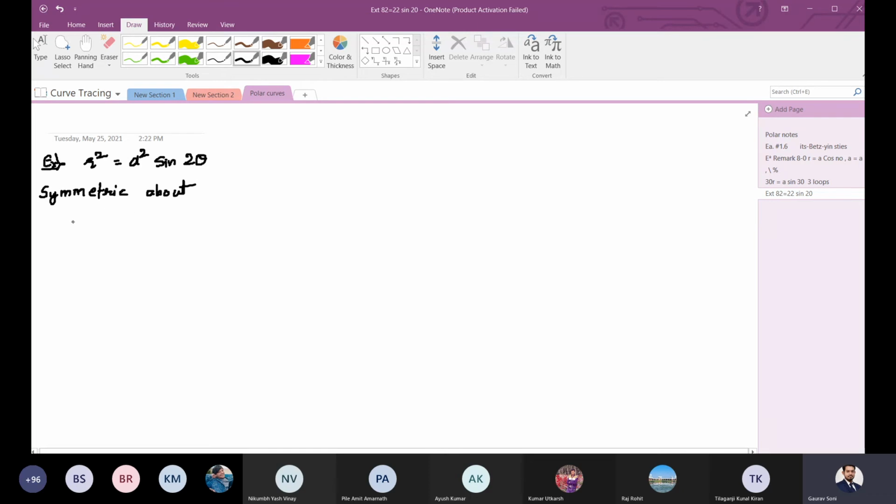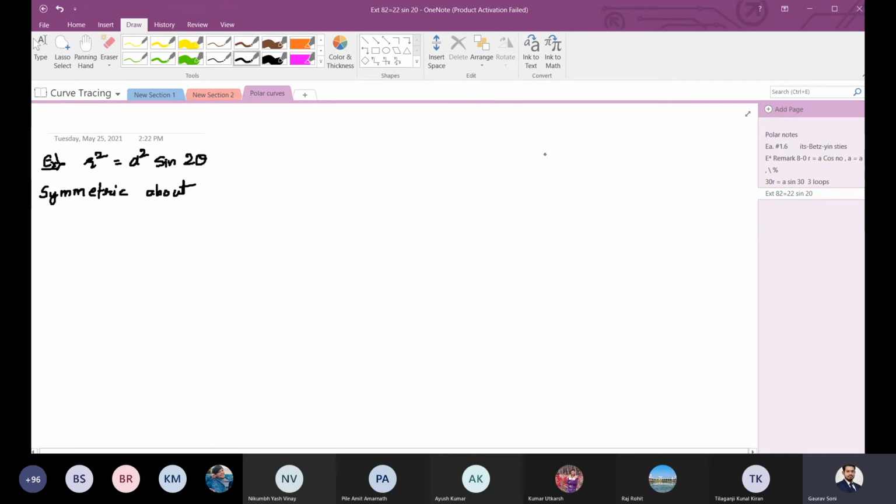X-axis. Sure. Replace theta by minus theta and see whether you get the same equation or not. No. So sine of minus theta is minus sine theta. It is not symmetric about x-axis.